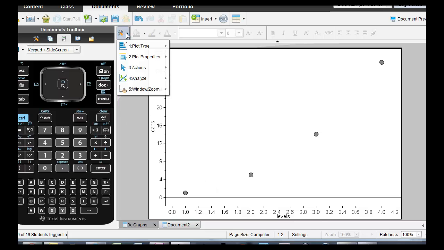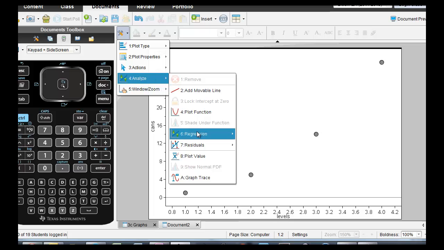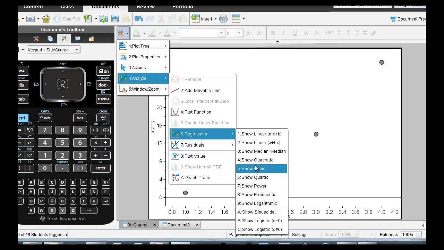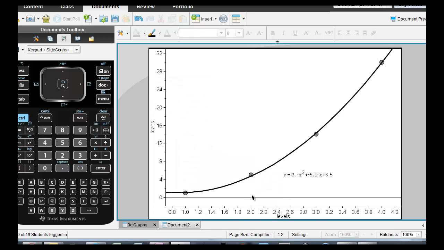So we're going to analyze this graph, choose regression, and pick a quadratic regression. Doesn't look too bad, does it? It fits these 4 points in just fine. Looks like it's got them almost exact. Let's find out how exact it is.